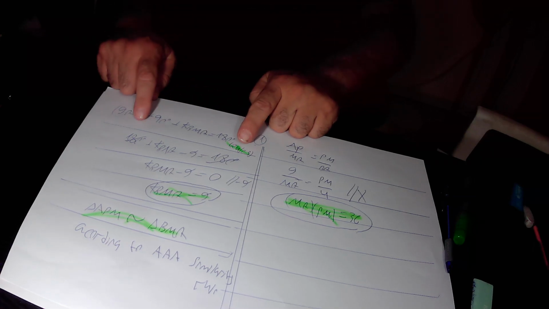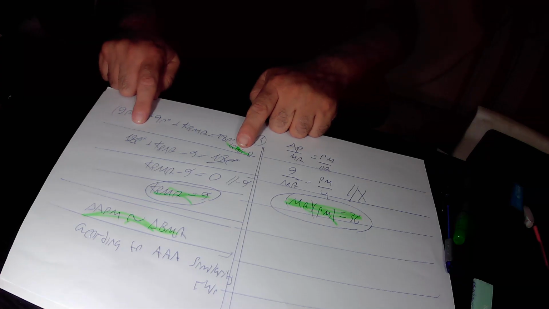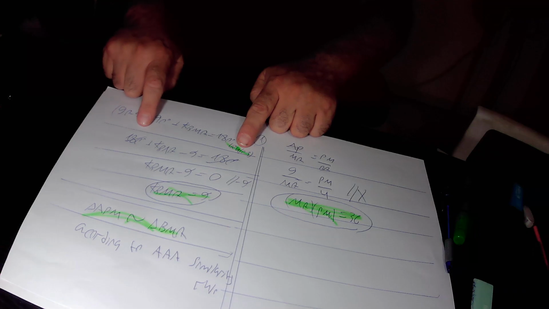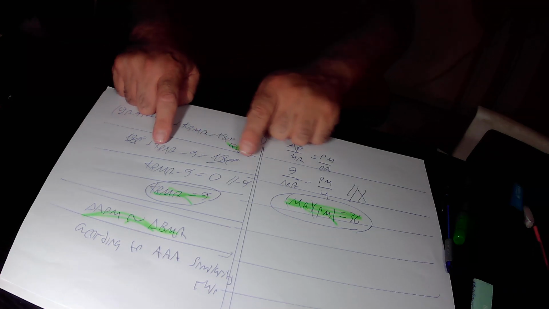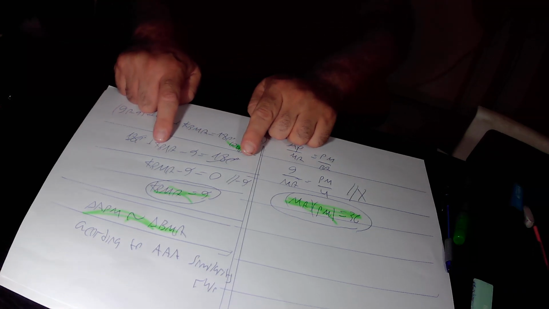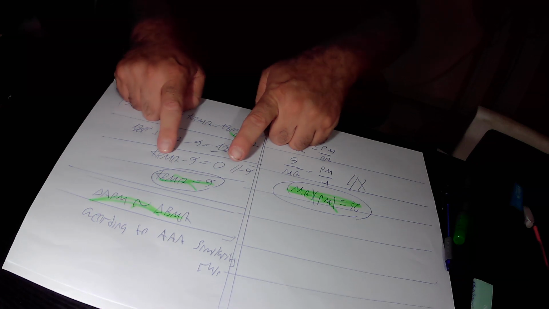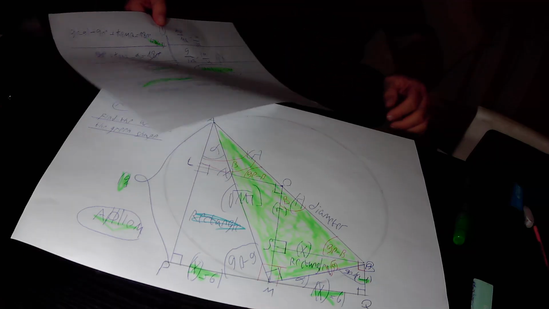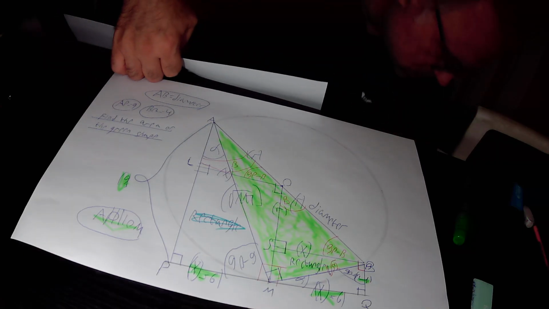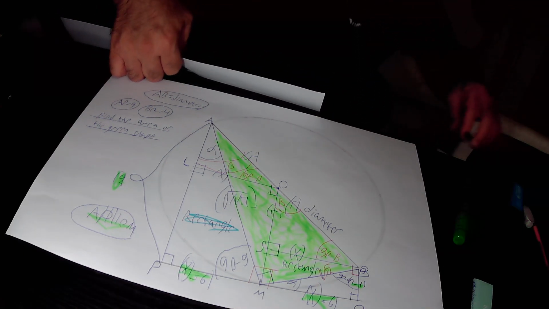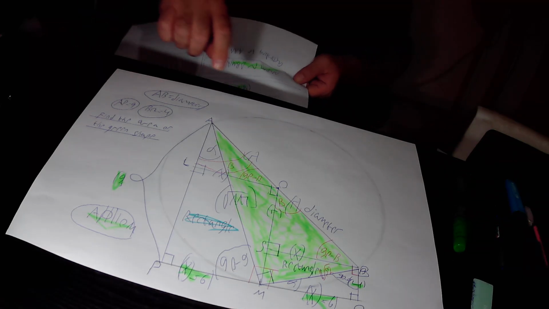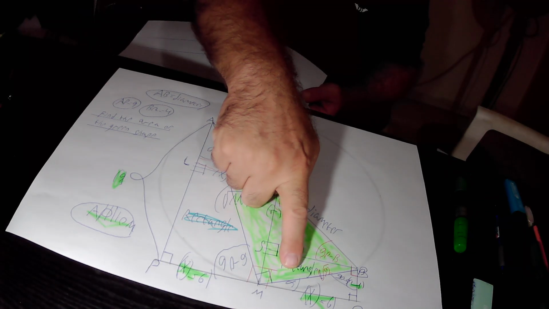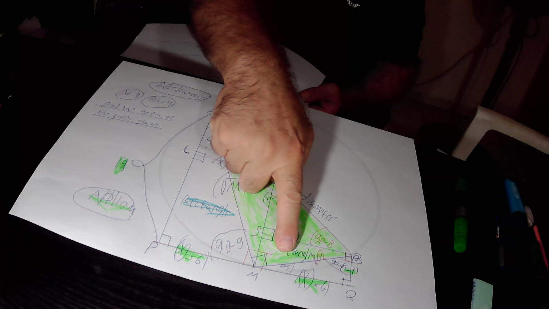We have 180 degrees on both sides of this equation, so 180 degrees will get cancelled, and we have only the missing angle BMQ minus alpha equals 0. Here we added alpha to this equation, and we found out that the missing angle BMQ is equal to alpha in its size.